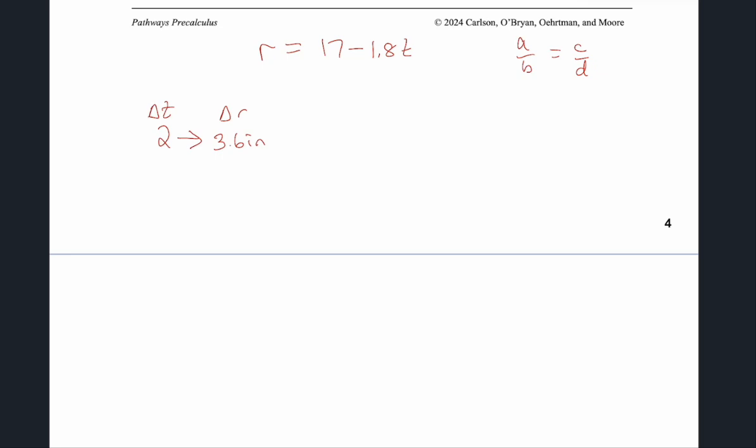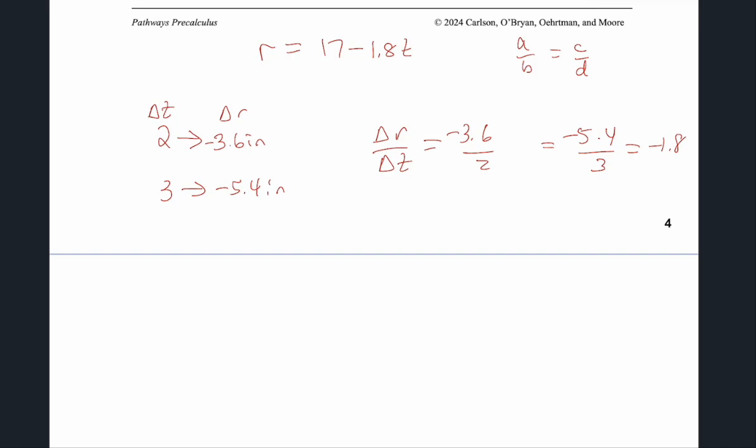Let's say instead I burn the candle for 3 hours. Actually, it would go down by 5.4 inches. Let's make that negative to reflect that. If we do delta R over delta T in either of these particular cases, we would get equal values. Each one of those is negative 1.8. So that's a really good way to think about it.